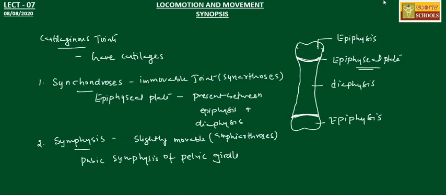Now let's see about the synovial joints. So the next one are synovial joints. These synovial joints are freely movable joints. Hence these are called diarthrosis.